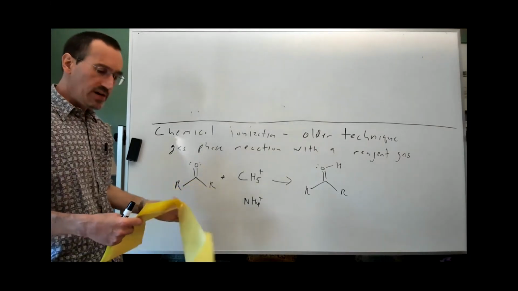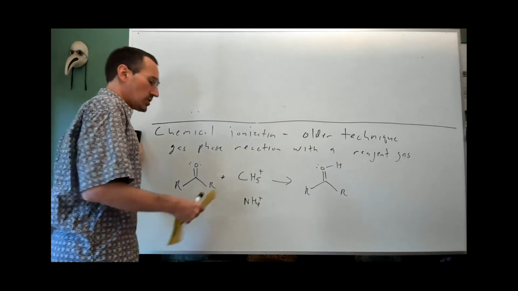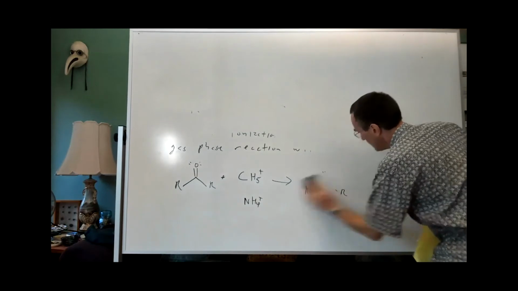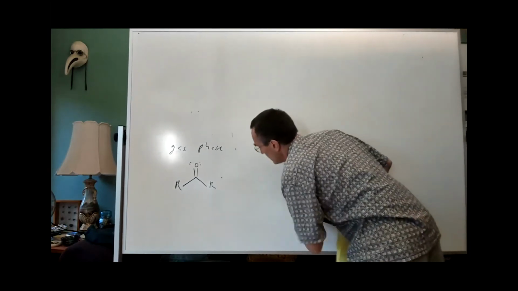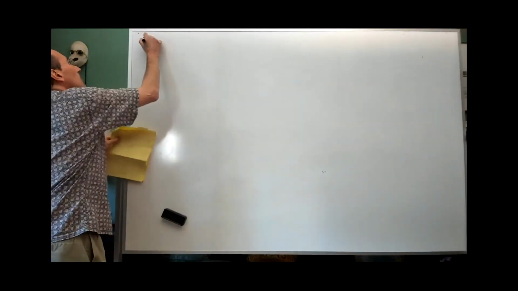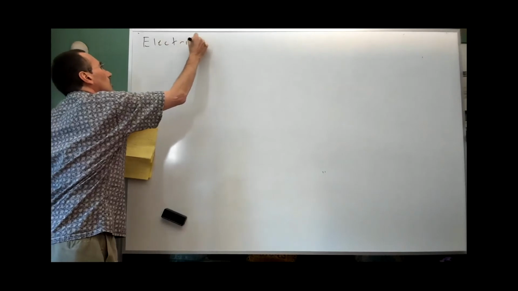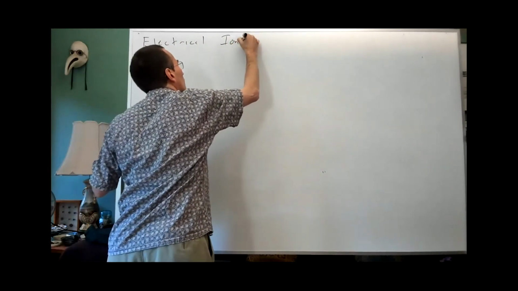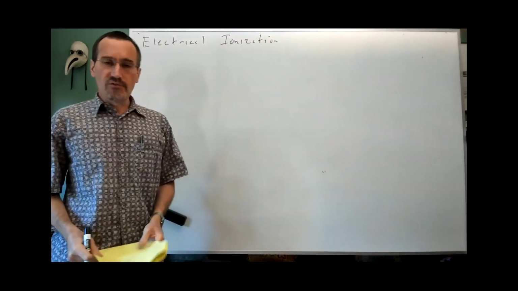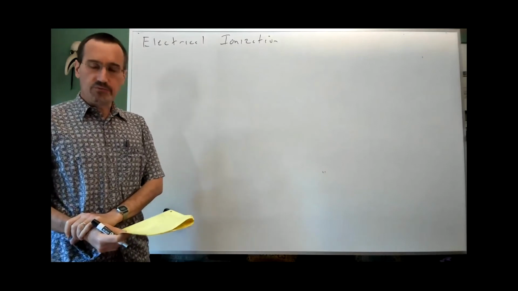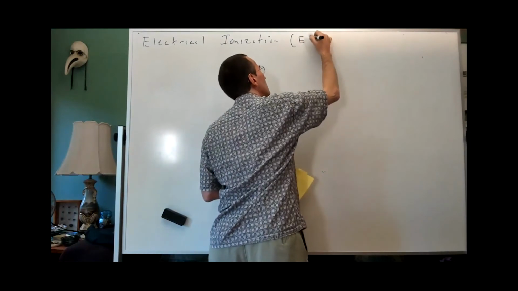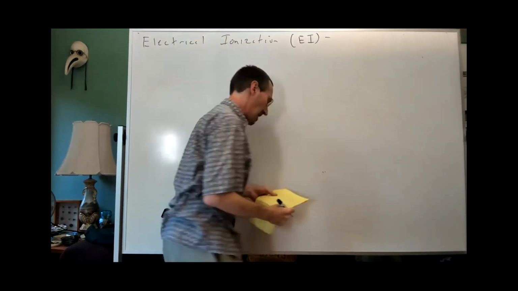All right, now that brings me to our oldest ionization technique, electron ionization. Electron ionization is still very popular in the technique of GC mass spec, referred to as EI, not to be confused with ESI.